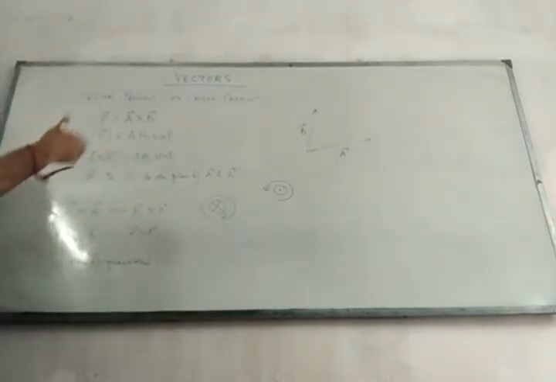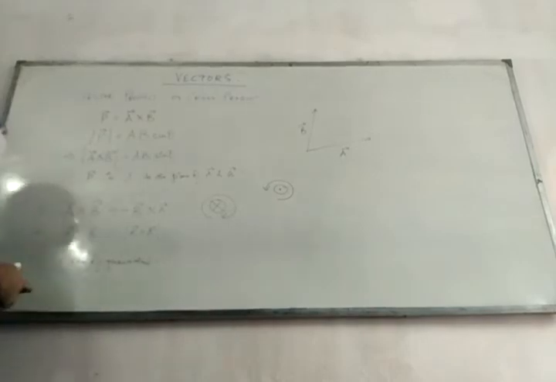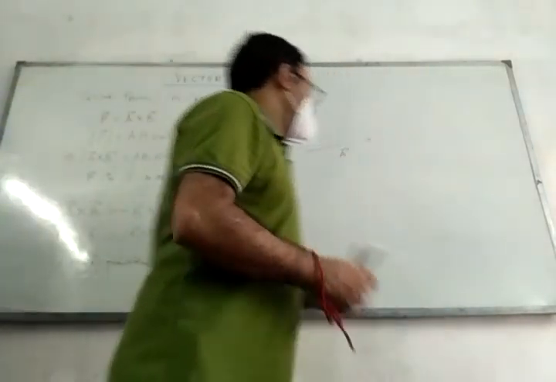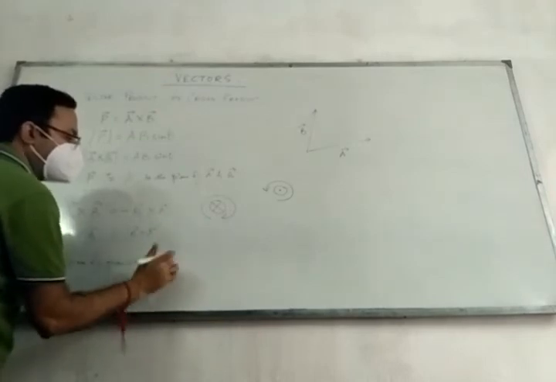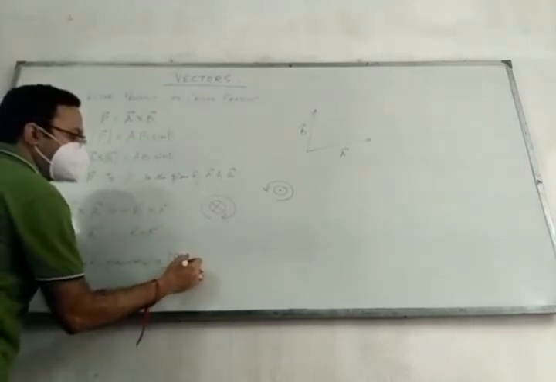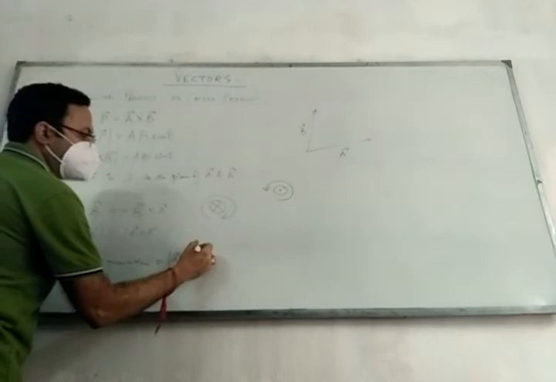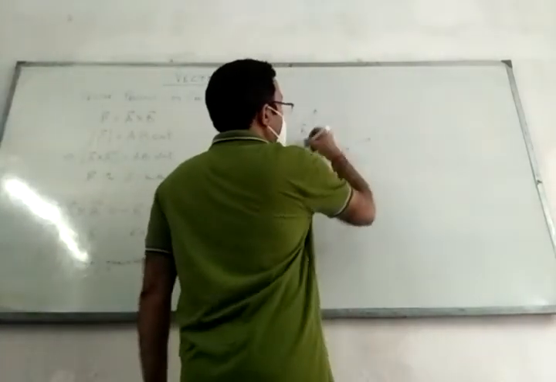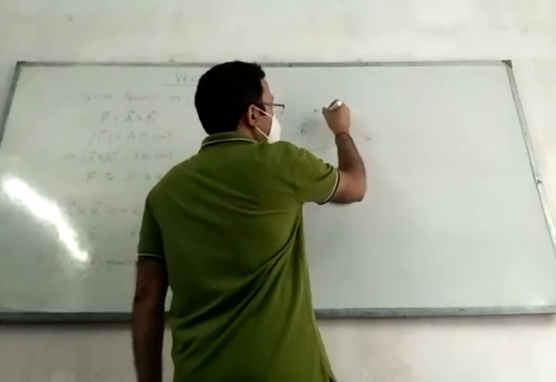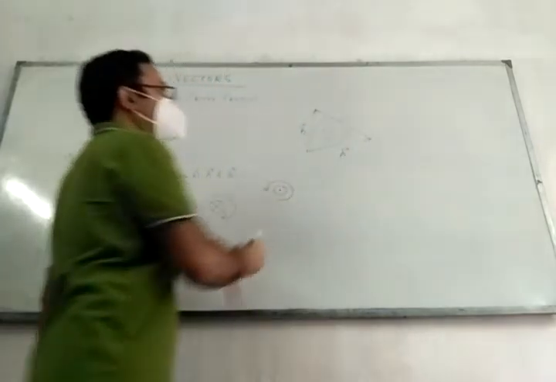A and B form the adjacent sides of the parallelogram. So area of the parallelogram is equal to the magnitude of A cross B. Whereas if two vectors A and B are given and you want to find out the area of this triangle, then how do we find it?